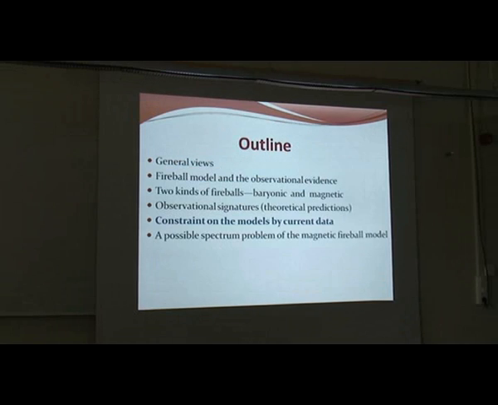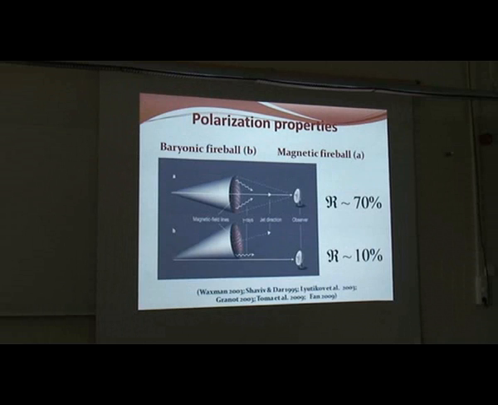Let me just say that even if your energy is dominated by the kinetic energy of the baryons, it doesn't mean that necessarily you have a perfectly random magnetic field. You could still have some sigma 0.1 field advected from the source, and you can have it ordered in scales of at least 1 over gamma, which would also give you high polarization.